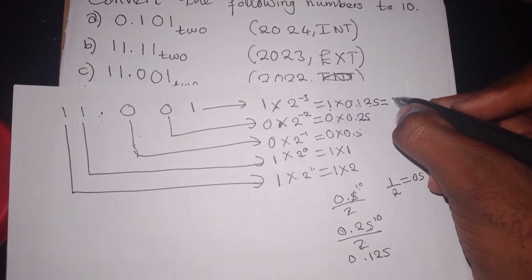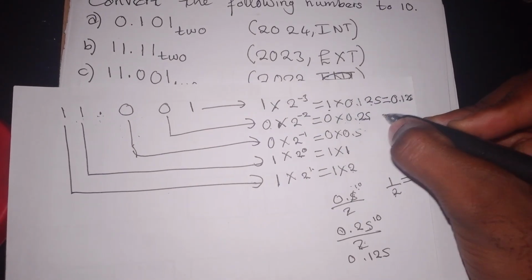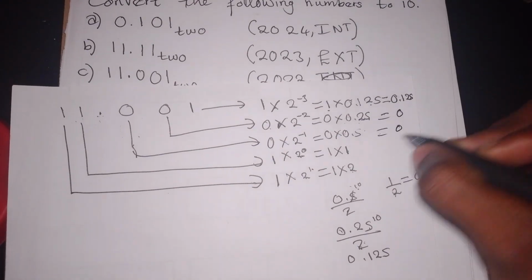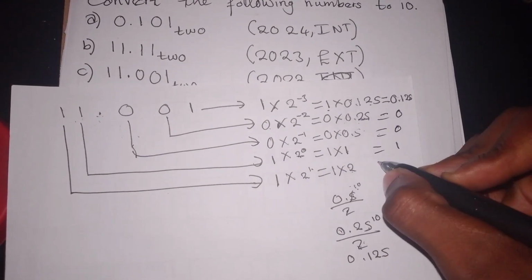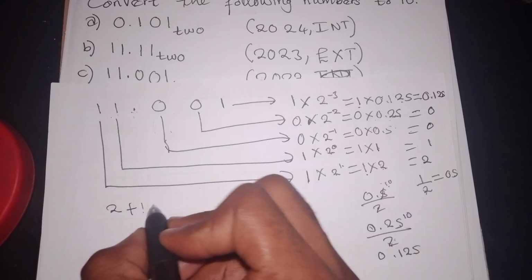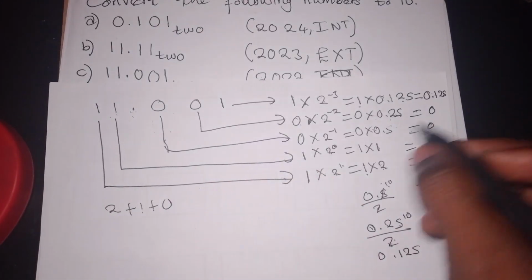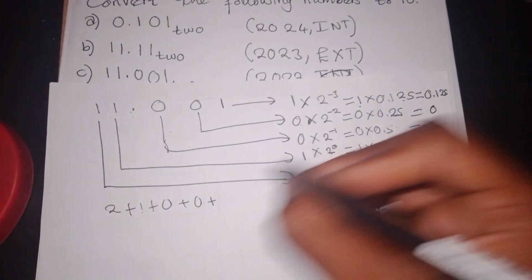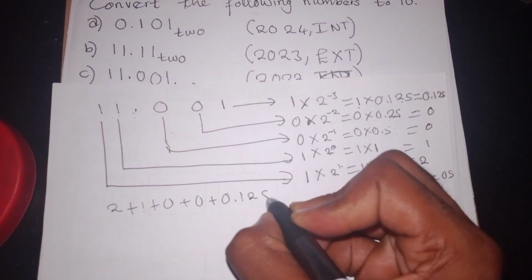So this times this, you have 0.125. These are zeros, and then 1 times 1 you have a 1, 1 times 2 you have a 2. So you can say 2 plus 1 plus the zeros, which you can ignore, plus 0.125.